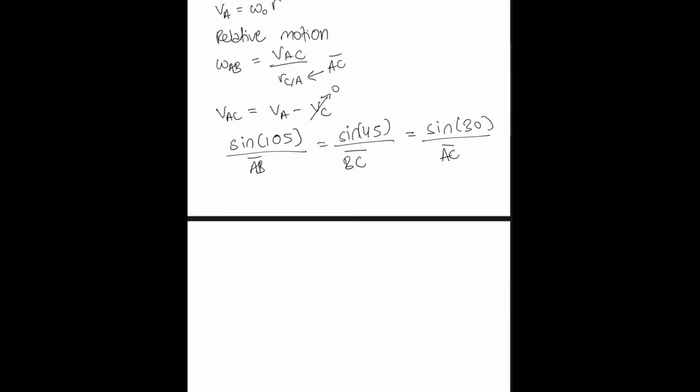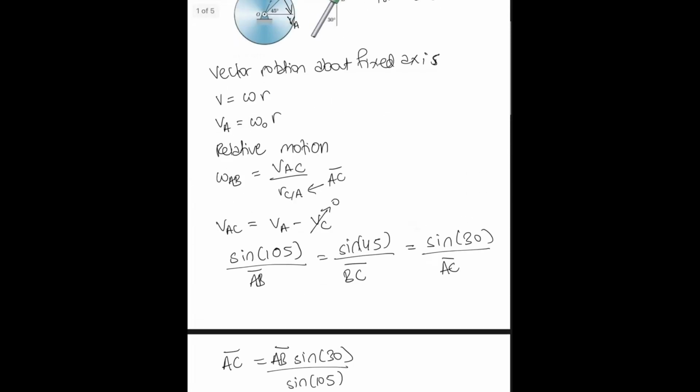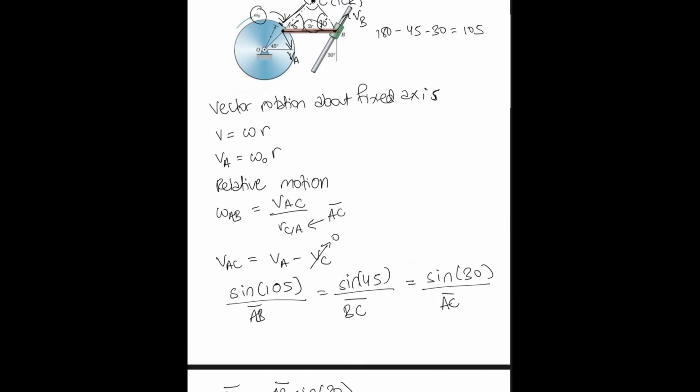So we're going to plug in our known values. AB, we know, is equal to 2r.